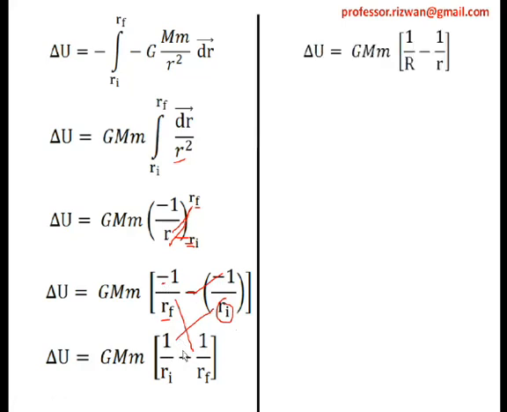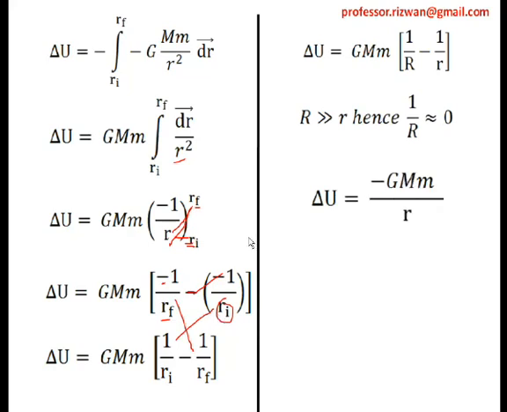Further simplification: now we know that this initial Ri is the radius of the earth, and Rf will be considered as the position of any object which is above the surface of the earth. So we can take r as very much greater than the radius, so 1 upon r you can take as 0. So if you substitute this, 1 upon r is equal to 0, so this will become 0. So delta U is equal to minus GMm upon r.